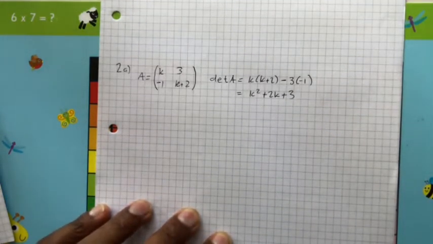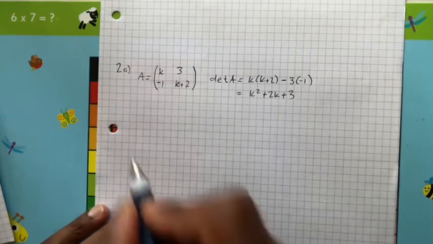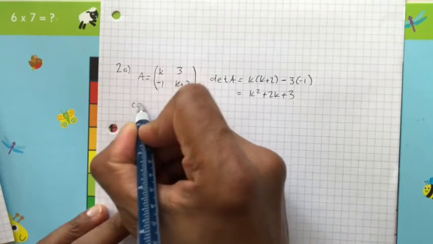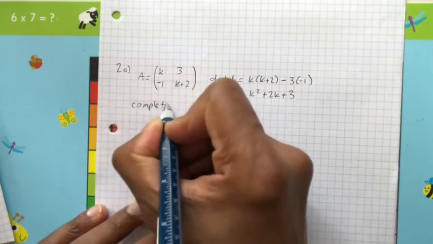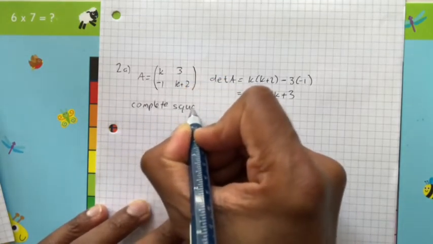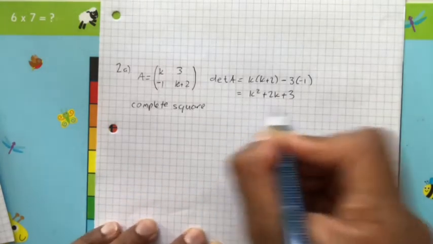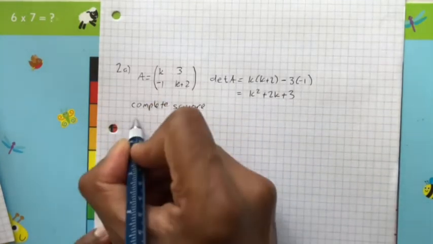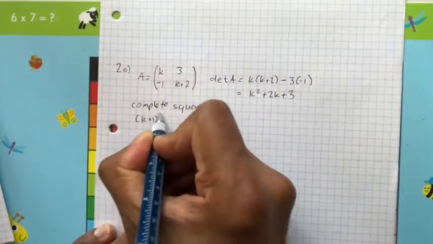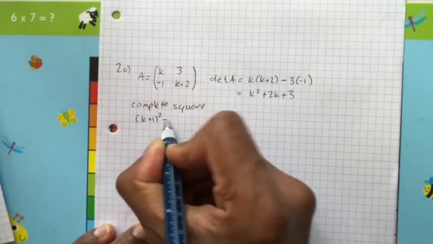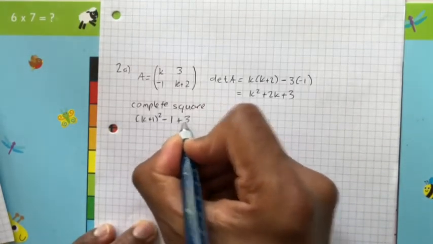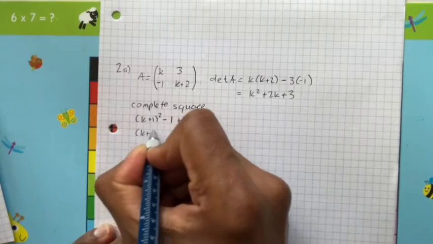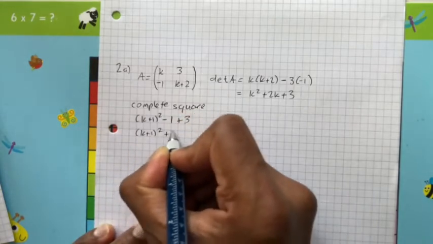So there's more than one way in which to show that this is always greater than or equal to 0. One of the ways is by completing the square. If we complete the square on that expression, we get k plus 1 squared, take away 1 plus 3, which will be k plus 1 squared plus 2.